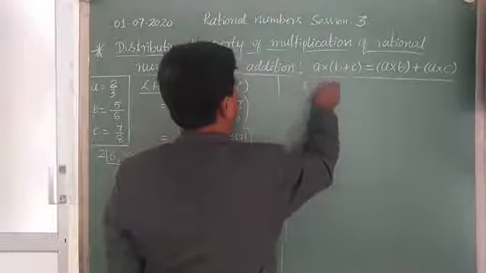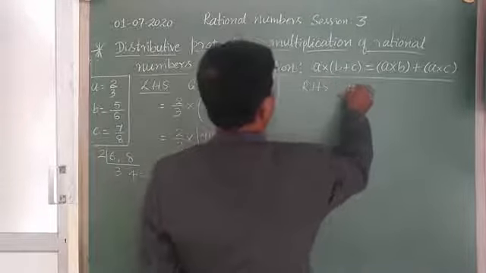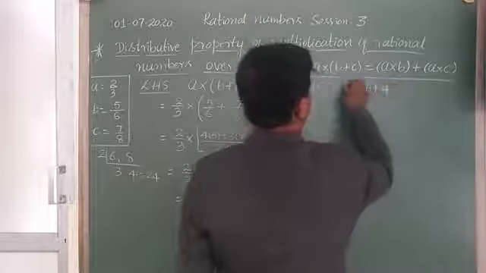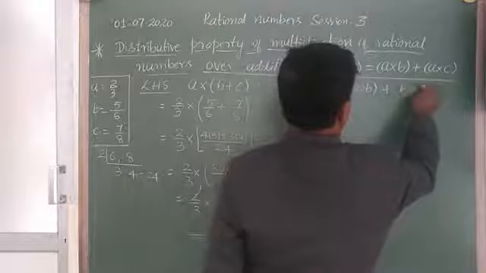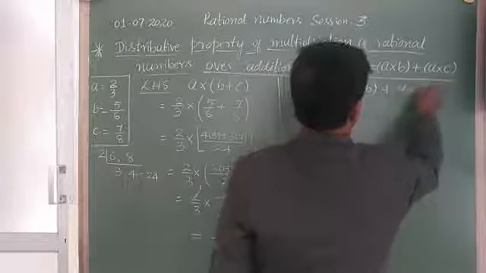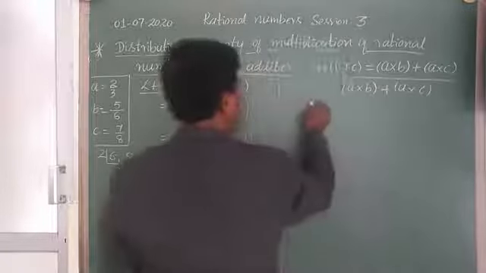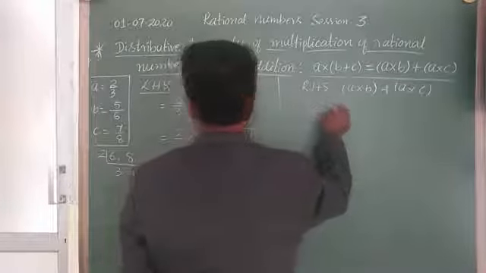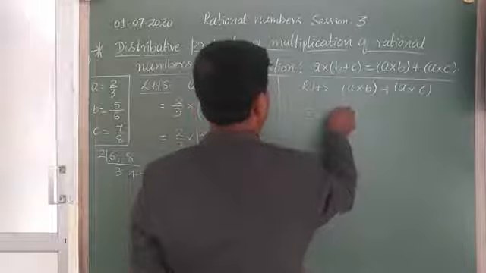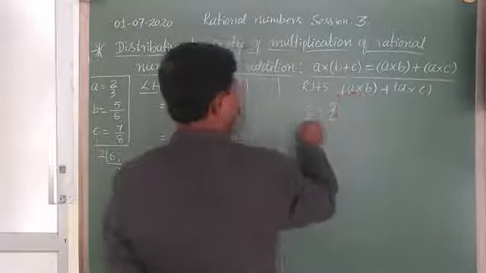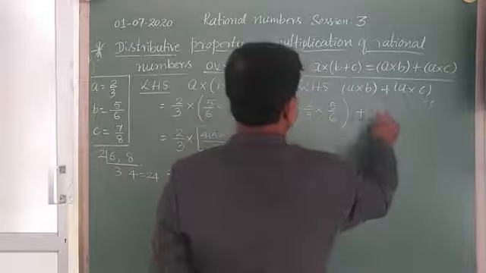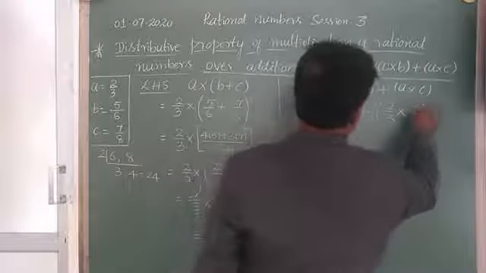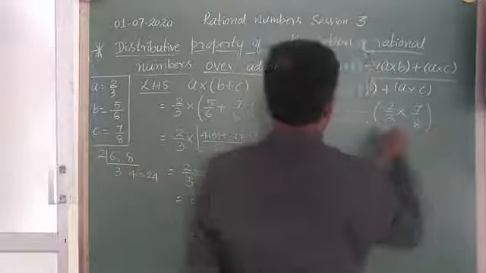Now coming to the right hand side, RHS. What is this? A into B plus A into C. Now substitute the values: A is 2 by 3 into B is 5 by 6, group it once, plus A is 2 by 3 into C is 7 by 8.